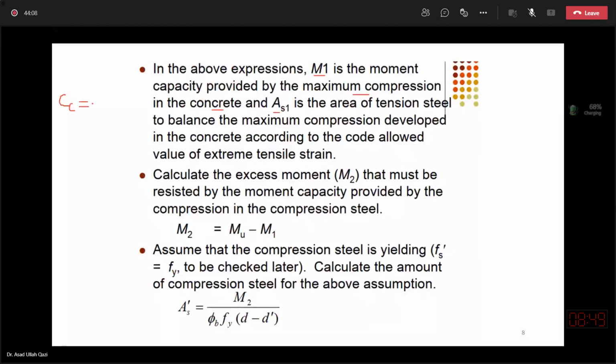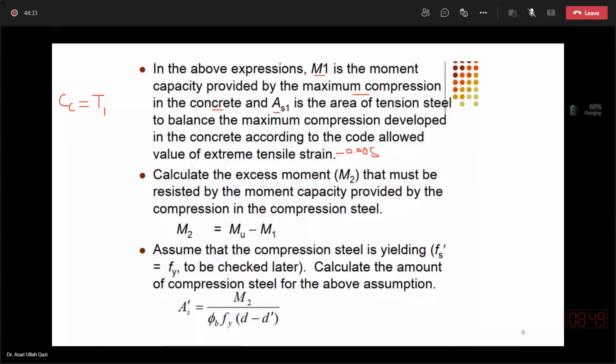I may call it T1, the tension force developed by the steel As1, developed according to the code allowed value of extreme tension strain, which is 0.005. So based on this, I will get one couple between steel and concrete.